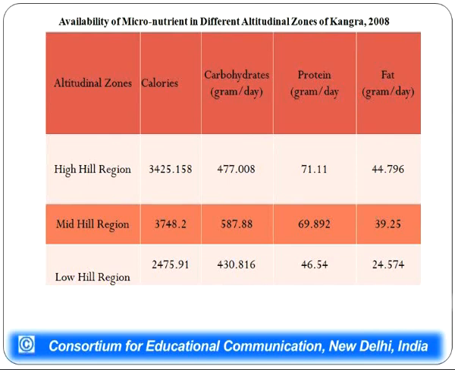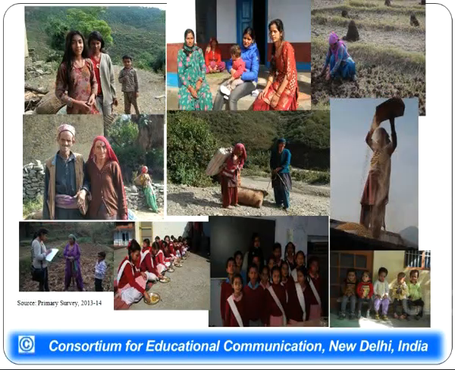The mid hilly region has 3748 and carbohydrate 587. So the mid hill region has a much better position, but on the other hand, if you come to the low hilly region, the calorie is 2475, and 430 only from carbohydrate, 46 protein and 24.